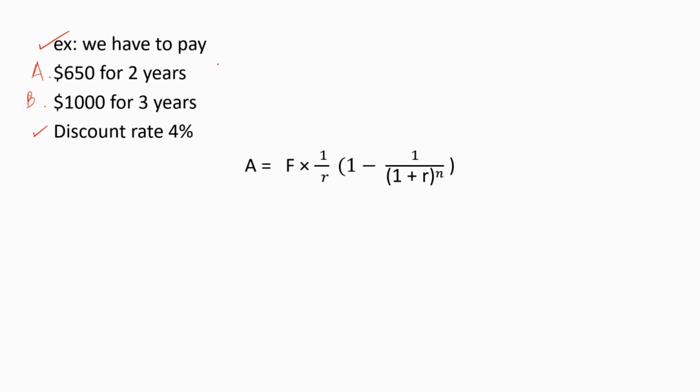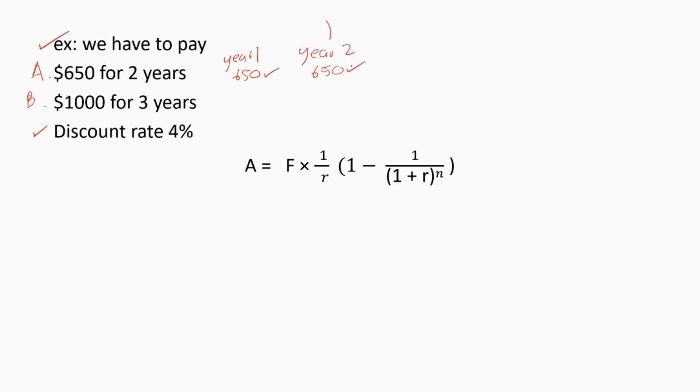Option A says we have to pay $650 for 2 years, which means at year 1 we have to pay 650, at year 2 we have to pay 650. As I said earlier, now there is a specific time period. There will be only 2 years and the amount is not changing.